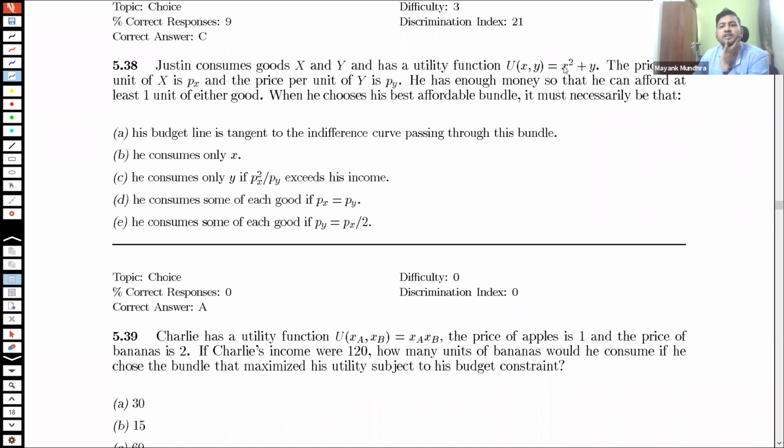He has enough money so that he can afford at least 1 unit of either good. When he chooses his best affordable bundle, it must necessarily be that.